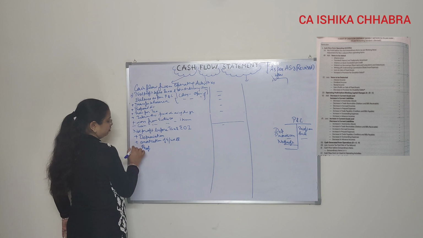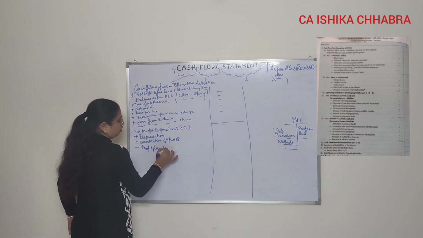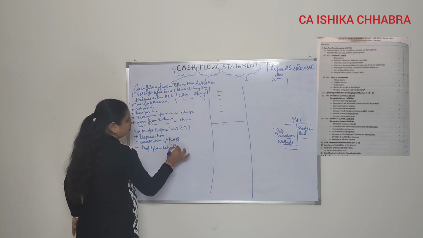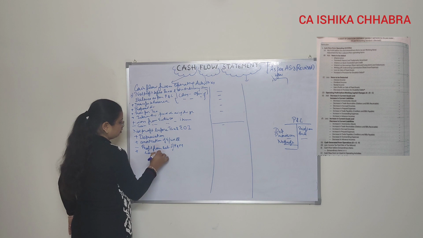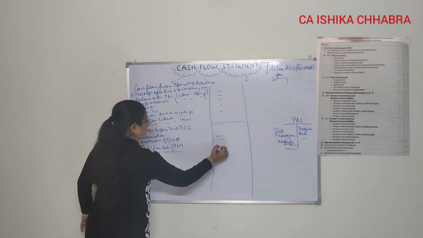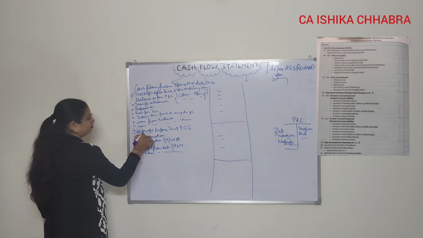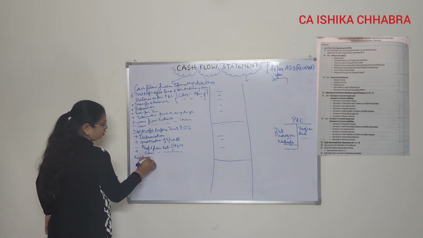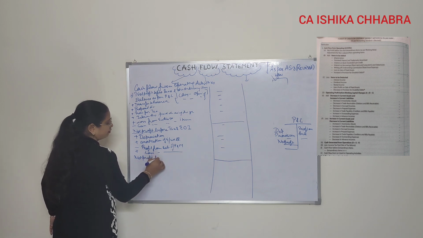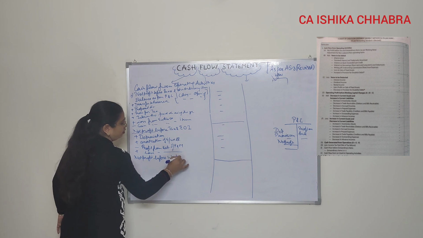Profit from sale of plant and machinery will be subtracted. In case of loss, you will add it. Then our net profit before working capital changes will come.